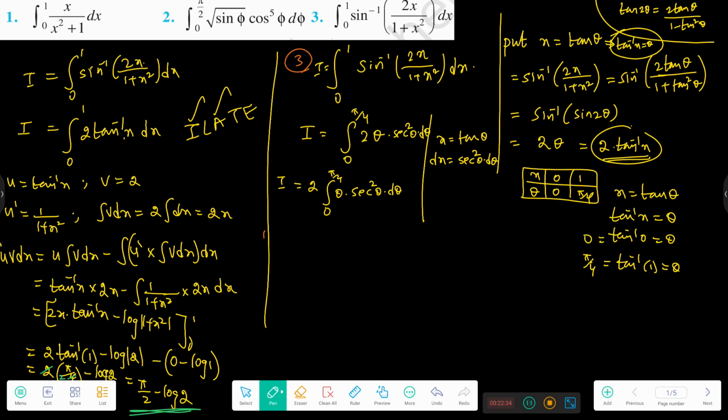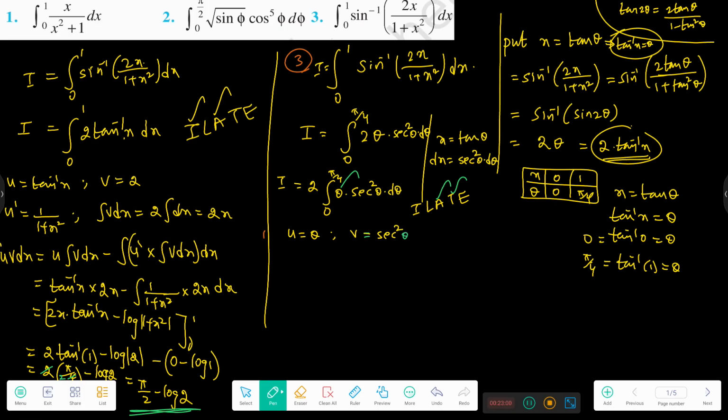The same answer you should bring here also. Let me bring it so that, suppose I am using the substitution, x equal to tan theta, so that dx is secant square theta d theta. Then u is equal to theta and v is equal to secant square theta.